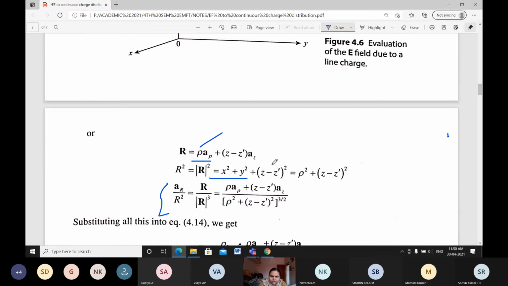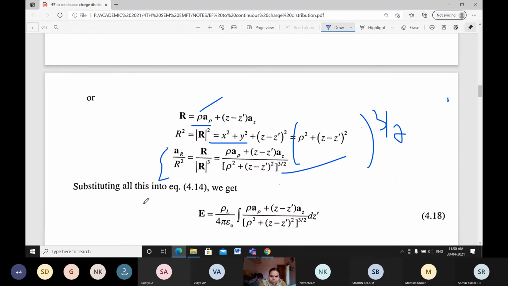That is rho into a rho plus z minus z dash into az, divided by R cube, which is rho square plus z minus z dash whole square to the power 3 by 2. This is the magnitude: the square root to the power cube is written as 3 by 2.